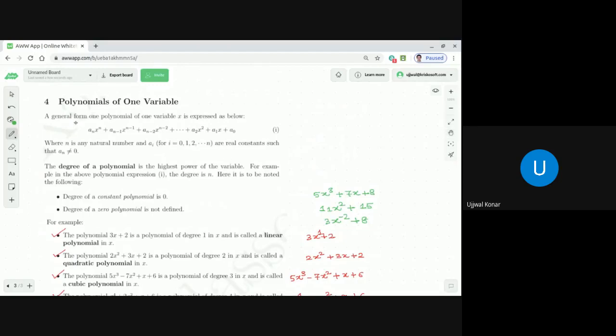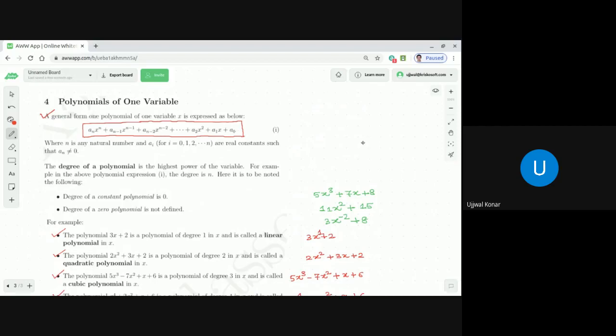What is that? A general form of a polynomial of one variable x is expressed something like this: an into x to the power n plus an minus 1 into x to the power n minus 1 plus an minus 2 into x to the power n minus 2. In that way, it will continue till a2 into x square plus a1 into x plus a0.